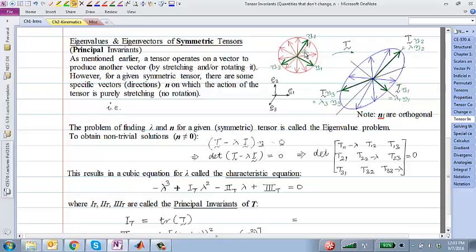But it so happens that for symmetric tensors, there are certain directions, three directions in general, that the tensor only stretches or contracts. It does not change the direction of that vector. So there are these three directions which are called principal directions, and I've denoted them here with these three dark green arrows, n1, n2, n3.